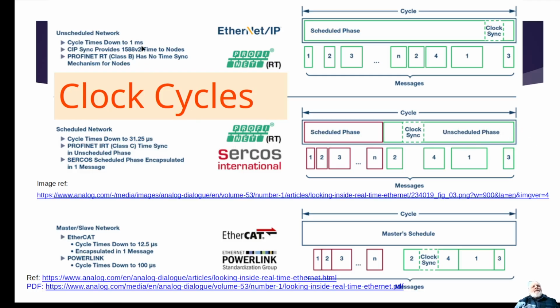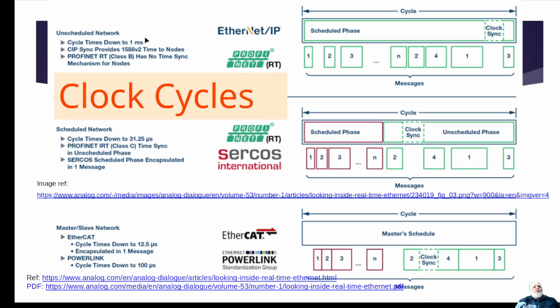What I want to do with this slide is illustrate the speed difference between SERCOS and Ethernet/IP. Ethernet/IP, an industrial protocol, can send updates about every millisecond, which most of the time is way fast enough. Honestly, most of the time the default is usually 50 milliseconds, so it's not really all that fast.